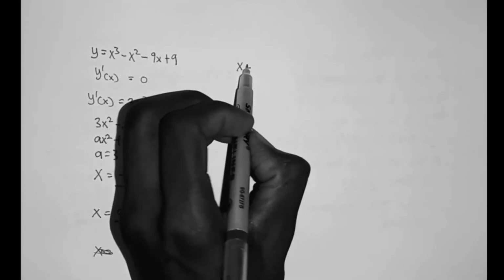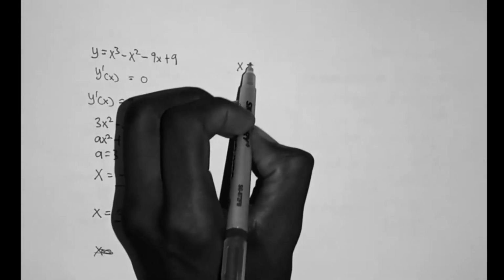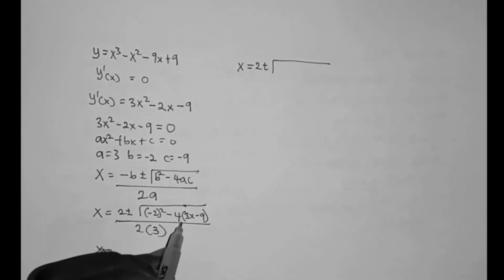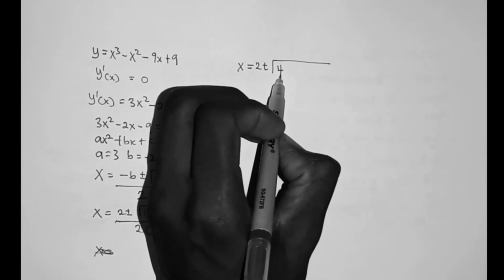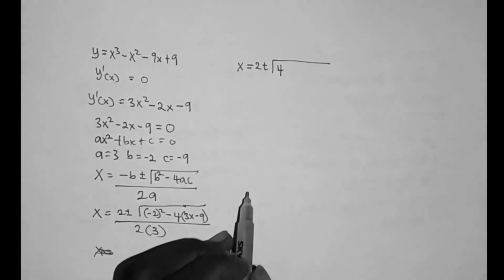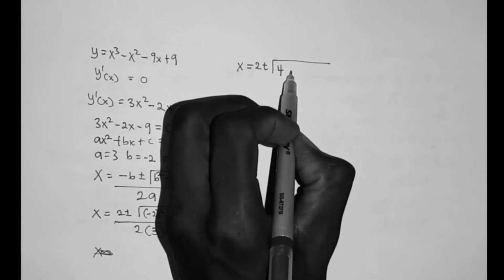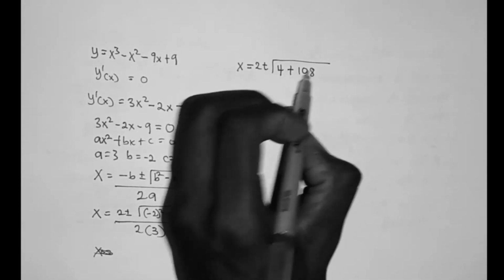So x is equal to 2 plus or minus square root of minus 2 squared is 4, and then minus 4 times 3 times minus 9 will give 108.